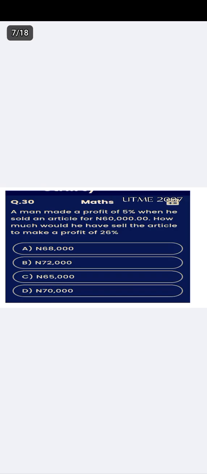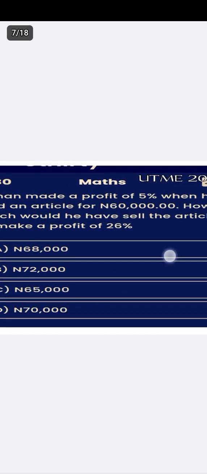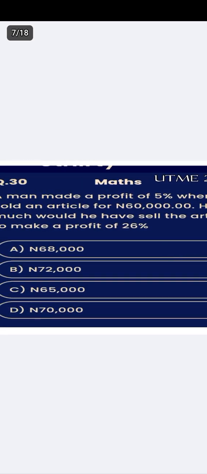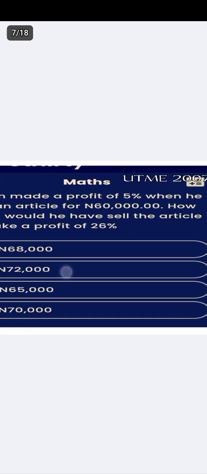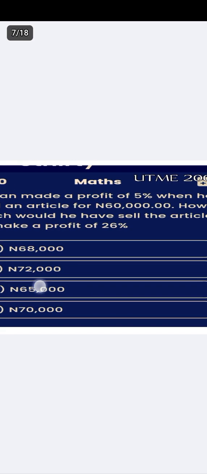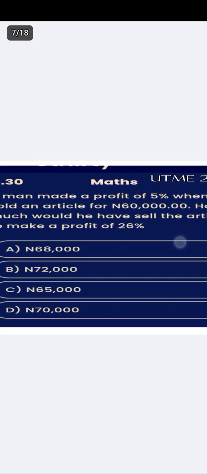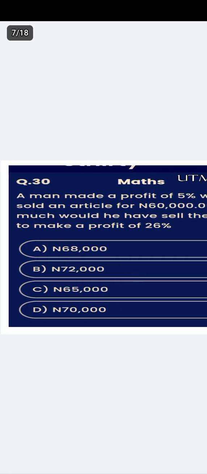So this question is taken from 2007 and it is question 30. It says, a man makes a profit of 5% when he sold an article for 60,000 naira. How much would he have sold the article for to make a profit of 26%?